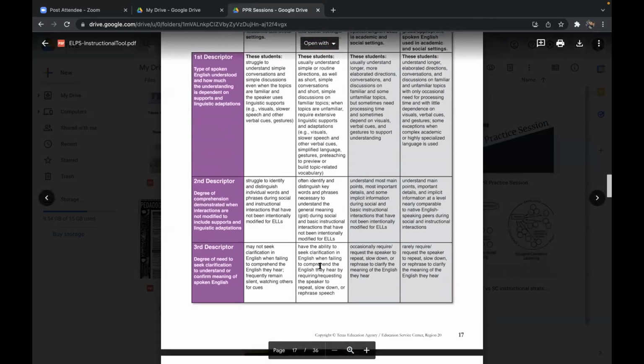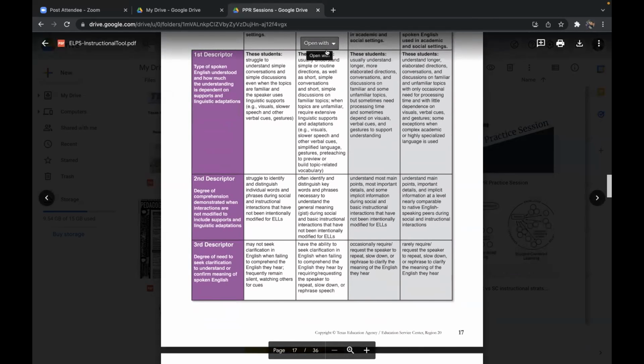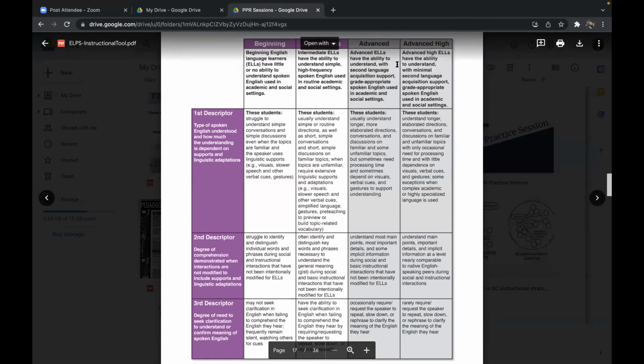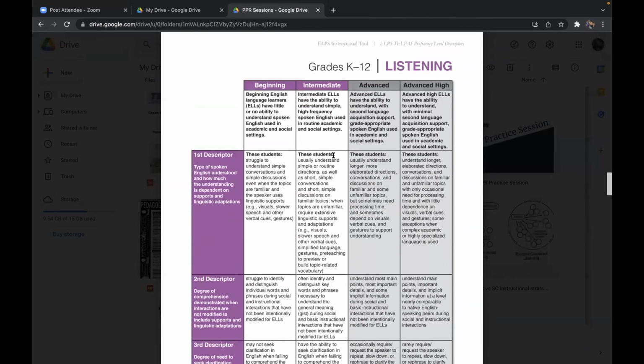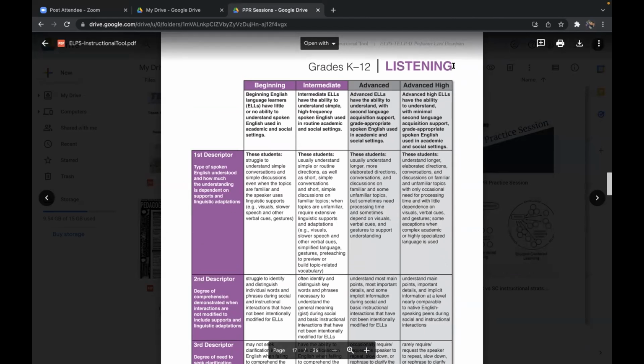So as they reflect these descriptors, as they're able to do these things listed, that's how they get moved up. They get moved up through each one. So this one is for listening. And ELLs are assessed on their listening skills, speaking skills, reading skills, and writing skills. Listening and reading skills are receptive, where they're receiving a message.